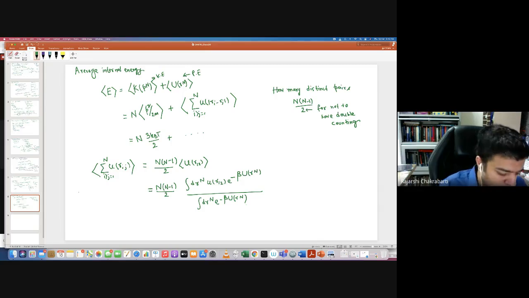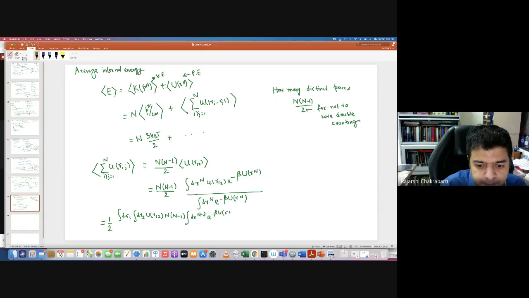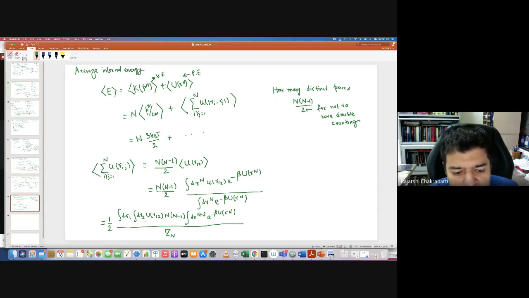Now this one you can again write it as, see, I am just doing a trick. Same thing, dr1, dr2, U(r12), N into N minus 1, dr N minus 2, whole divided by this quantity Z of N. I just, this integral means dr1, dr2, dr3.